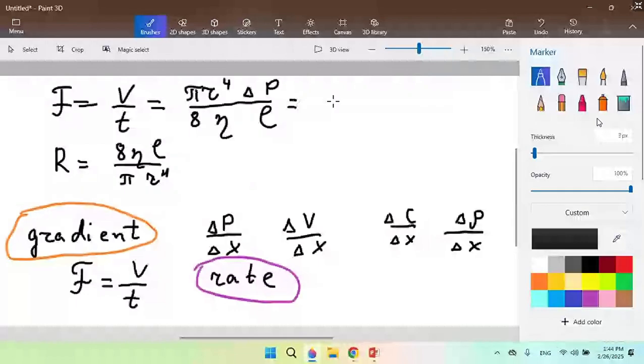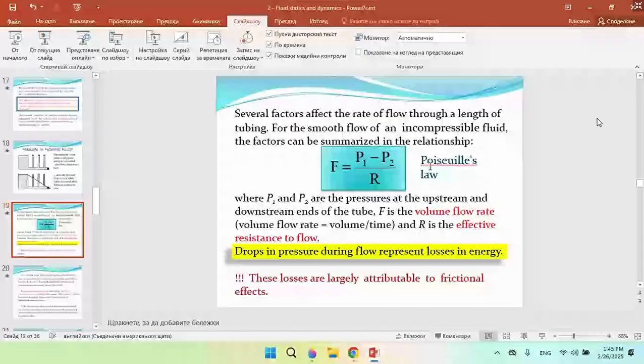Then this formula can be shortly written as F equals delta P over R, or as you can see in the slide, the difference between upstream and downstream ends of the tube over resistance to flow.